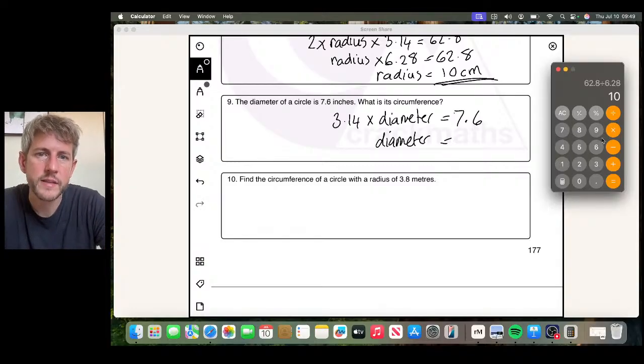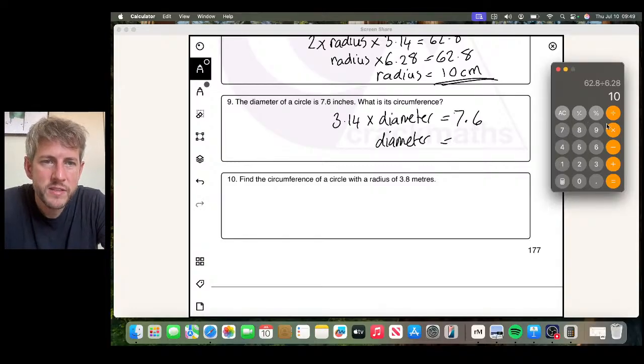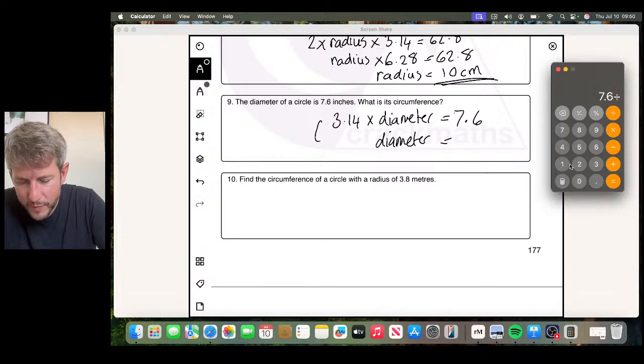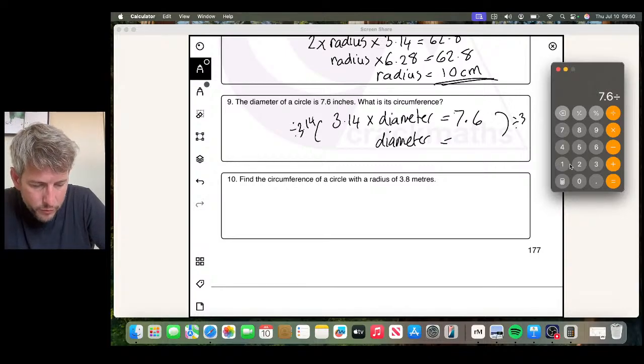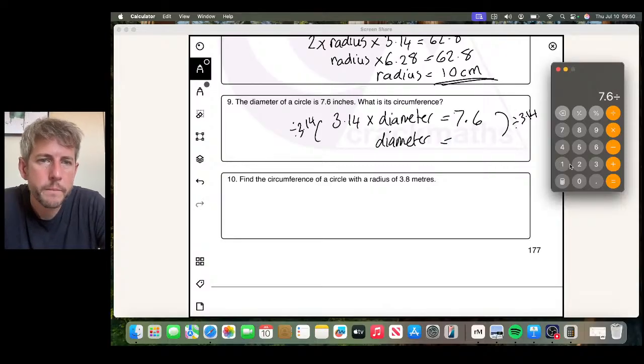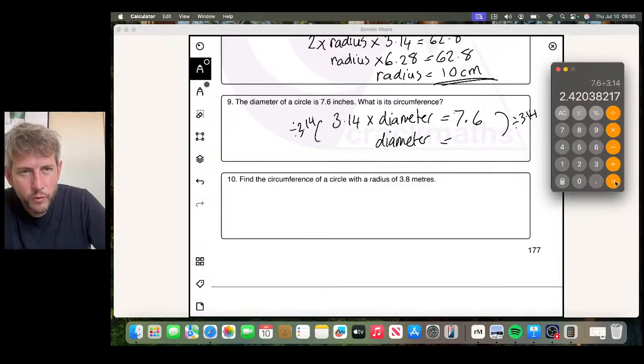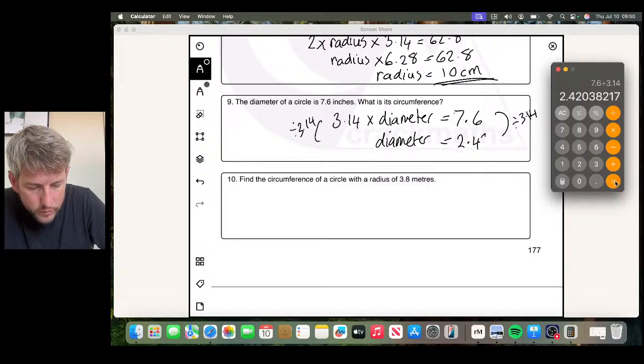So let's work this out. That's our reverse calculation. Dividing by 3.14. So 7.6 divided by 3.14. Okay, right, so 2.42. And that will be inches.